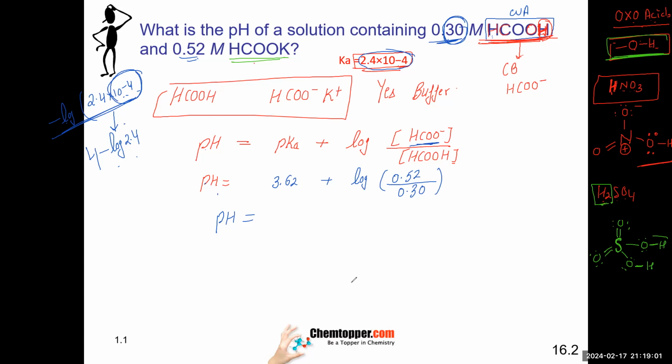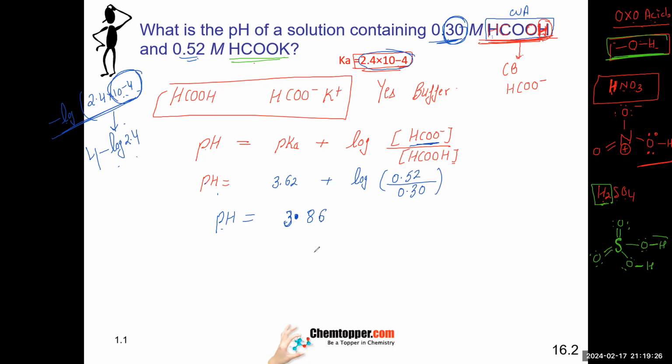Go for two significant figures only after the decimal, because this is pH. The first number is not counted. Before the decimal, these numbers are not counted. 3.86. Yeah, I'm also getting this.